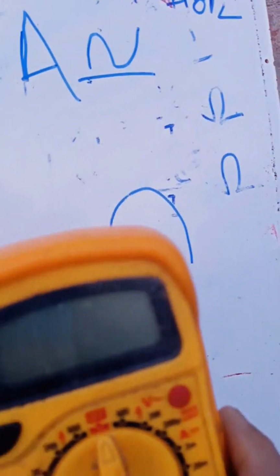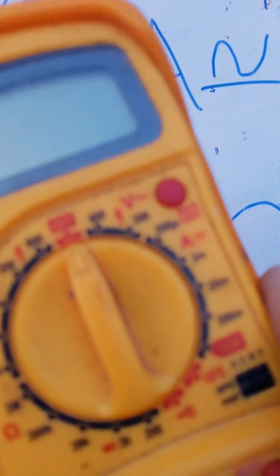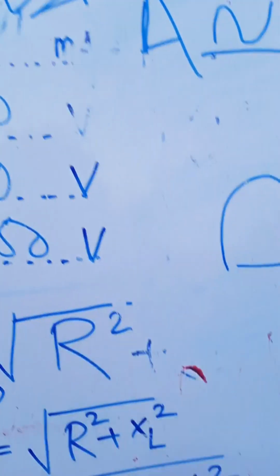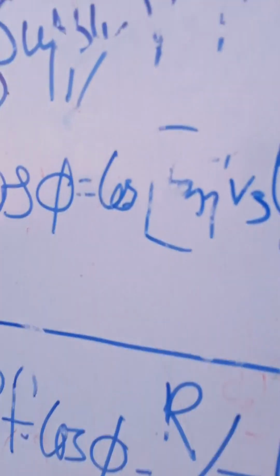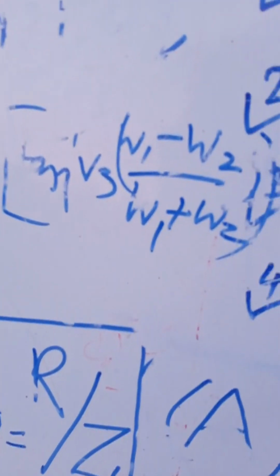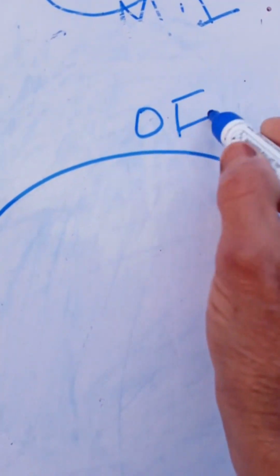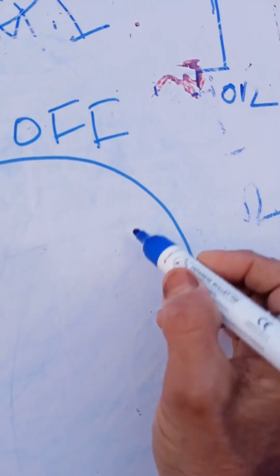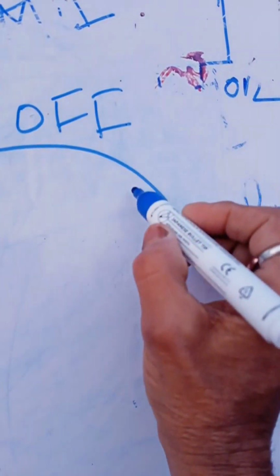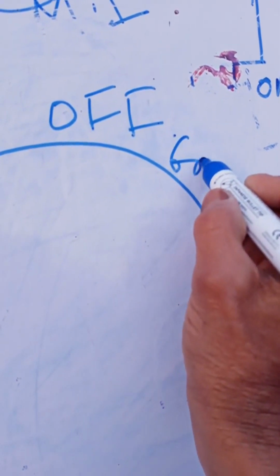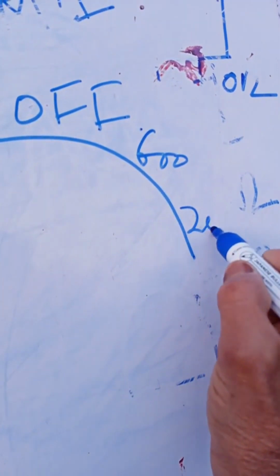And how you will select the range of multimeter. Here you see the multimeter. This is the off, here 6, this side AC, this side AC, here 600, here 200.